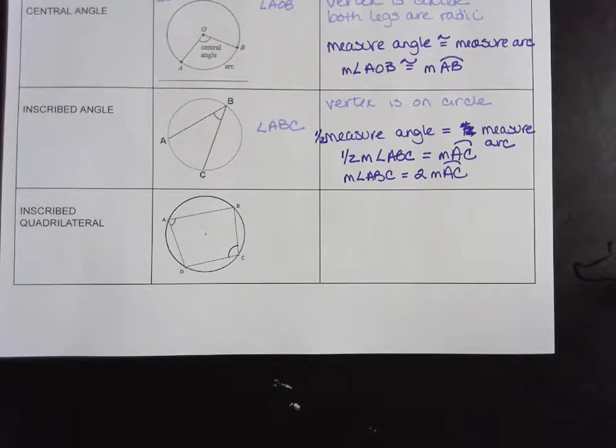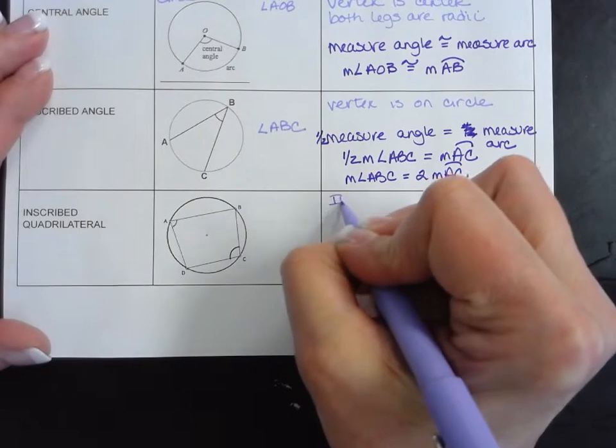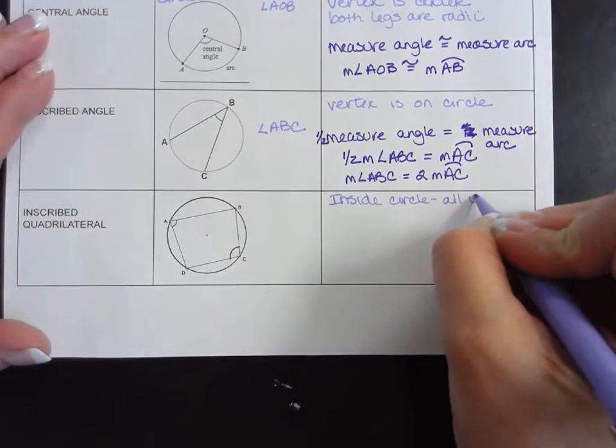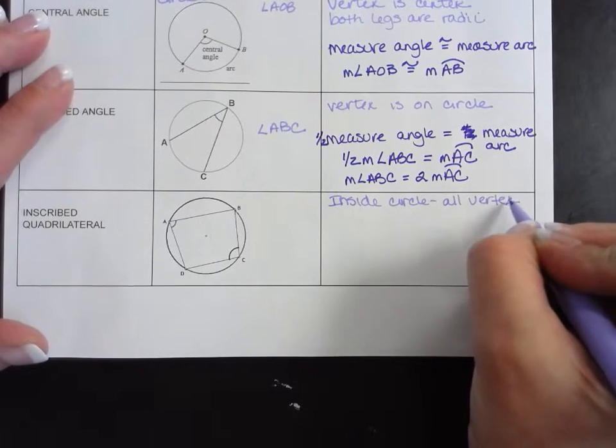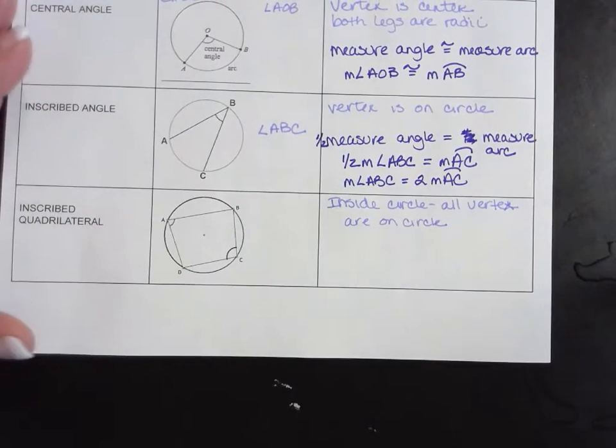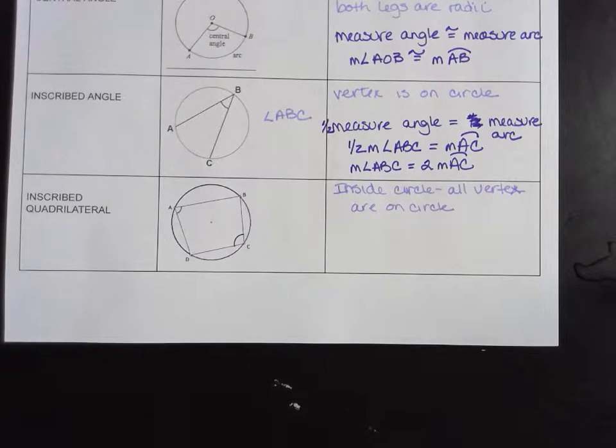All right, inscribed quadrilateral. What do we know, or what does it have to be? What do we have to know so that we can say it's inscribed? Inside the circle, and all vertices are on the circle. Perfect. And there was some rule that we knew if it was inscribed.